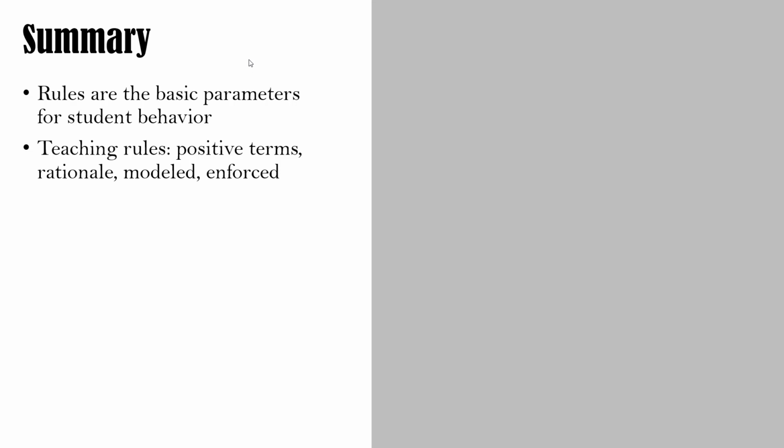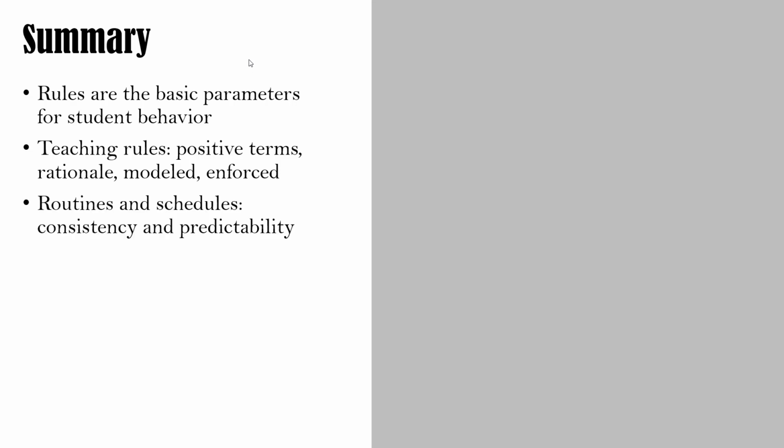You link it to maybe an anchor rule or existing information so they know how it will actually benefit them. You model it, you have student engagement, those opportunities to respond. If they can rehearse it, that's awesome. And then you want to provide feedback and make sure that you can enforce the rules as well.